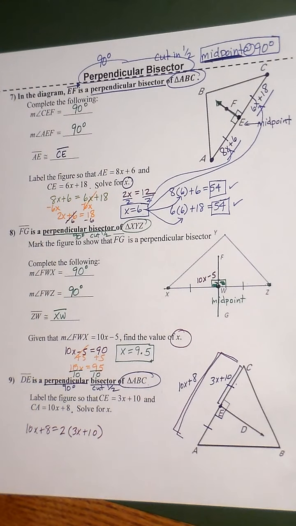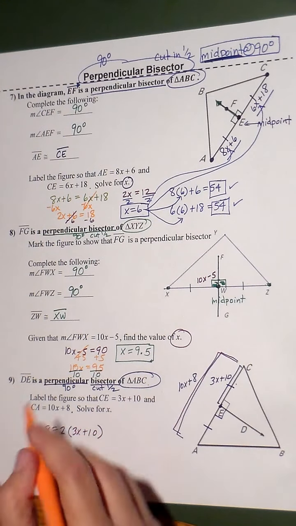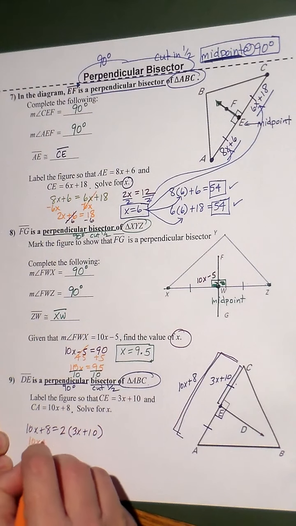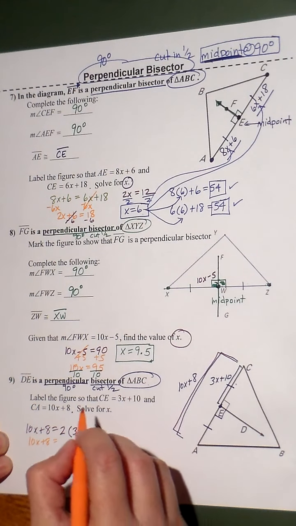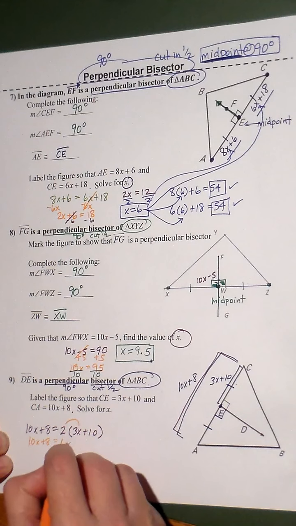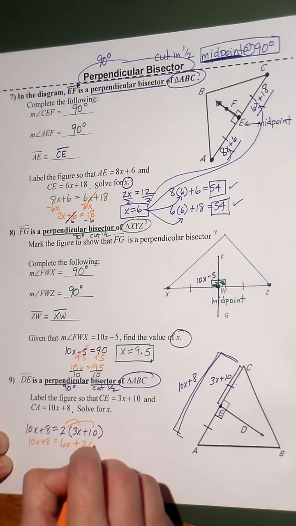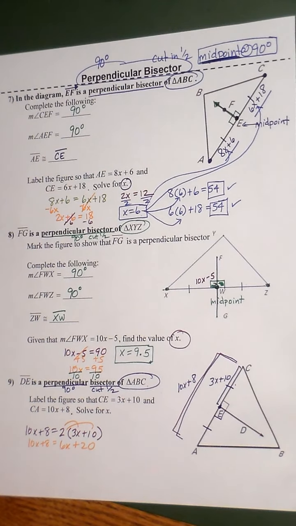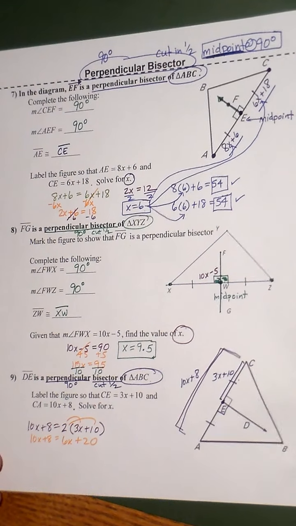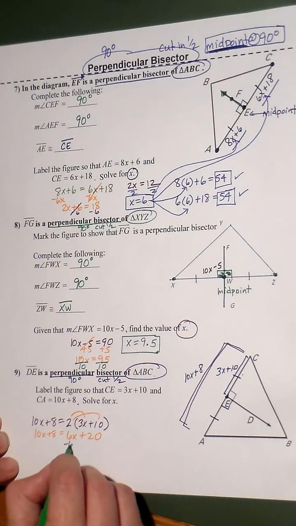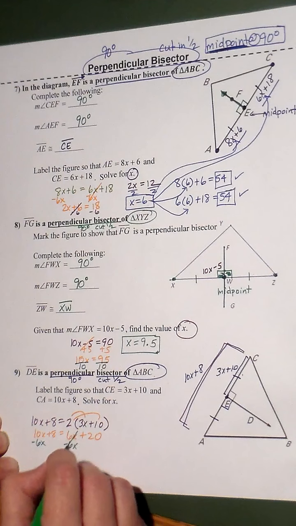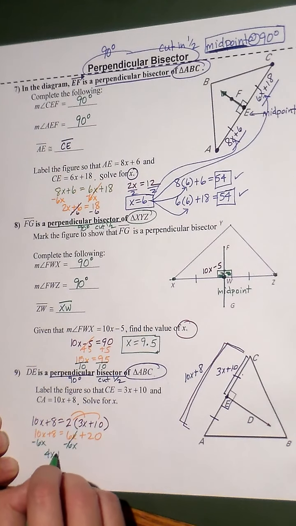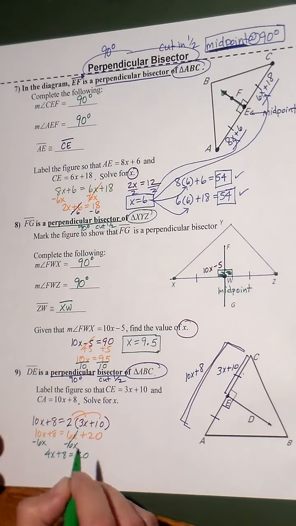And then I solve. So I have 10x plus 8 equals, I'm going to distribute. 2 times 3x is 6x. 2 times 10 is 20. And then I'm going to move the 6x. So 4x plus 8 equals 20.